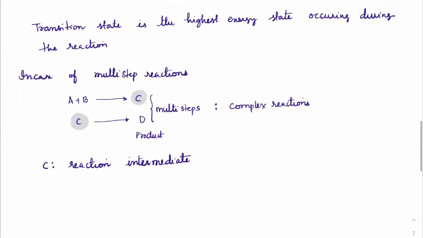Now, the transition state is highly unstable. Because it has the highest energy form, it is an unstable species. Reaction intermediates are also unstable, but they are definitely more stable than the transition state.